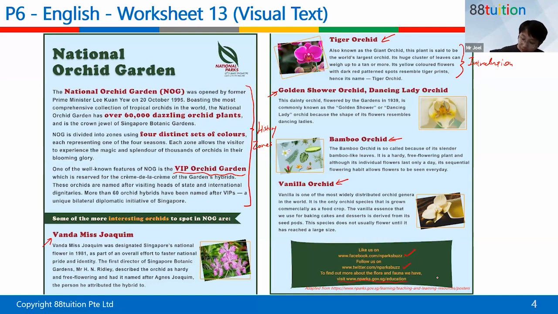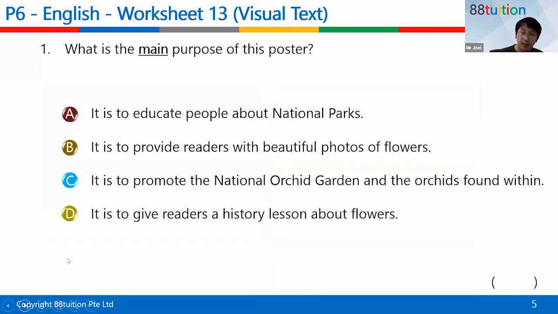Okay? This part over here is just the teacher writing where they got the information from. All right? So with that in mind, what is this poster trying to do over here? What's the main aim of this poster? Think about it. So Dania and Jairus, give me your answers, please.